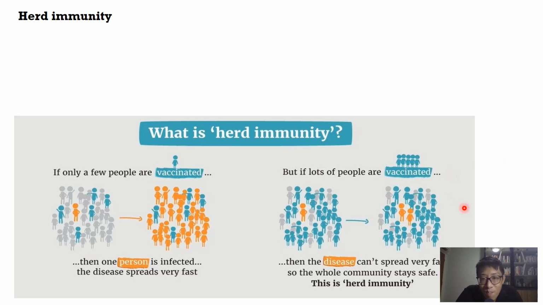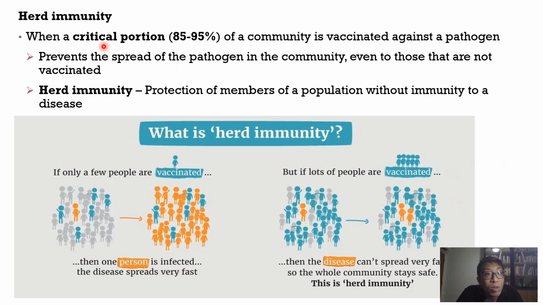So when many people, what we call a critical portion of the people in the community, are vaccinated, then that would offer protection to those that are not vaccinated, because the chance of the spread of the pathogen or the disease is very low when most of the people in the community or in the population are already immune via vaccination to the disease. So that protects those that are not immune.